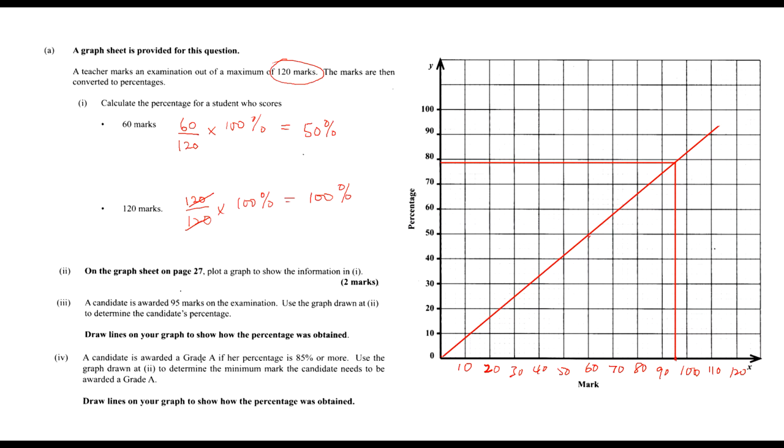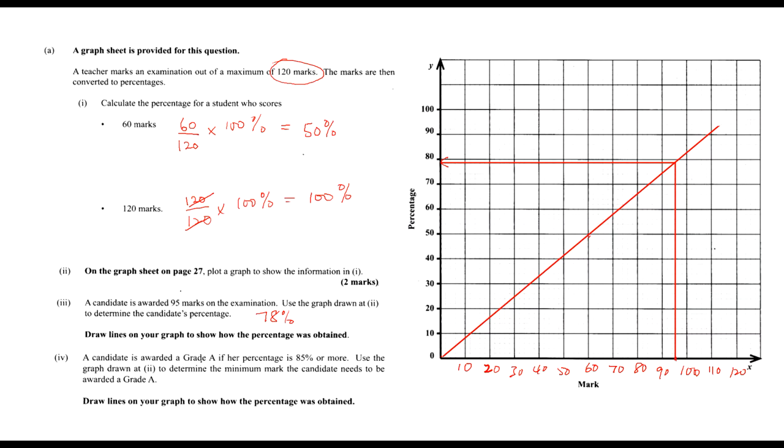You can do this using your graph paper. This is just approximate. If somebody gets 95 in the examination, we read off this value here, and based on my sketch it's about 78%.